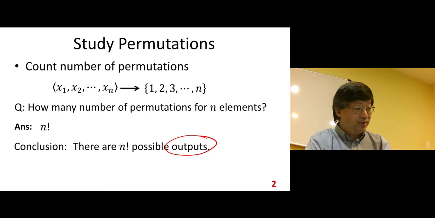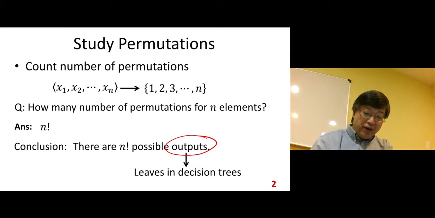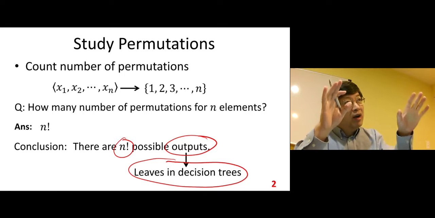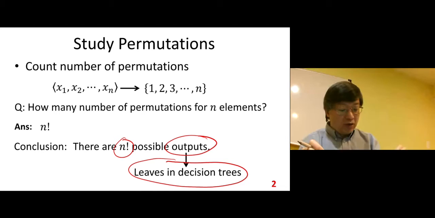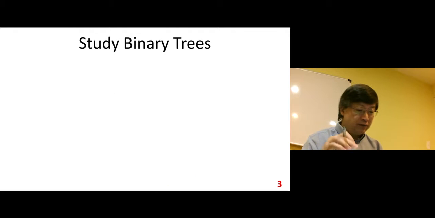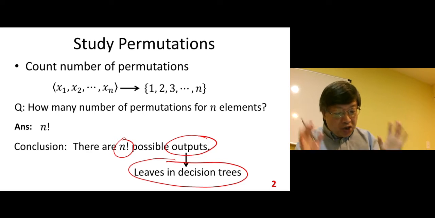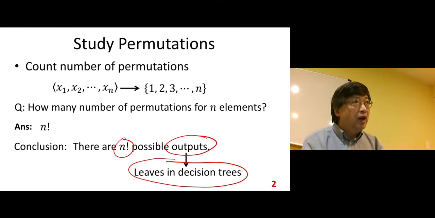So that means the number of leaves in the decision tree should be at least n factorial. Each leaf corresponds to one output.